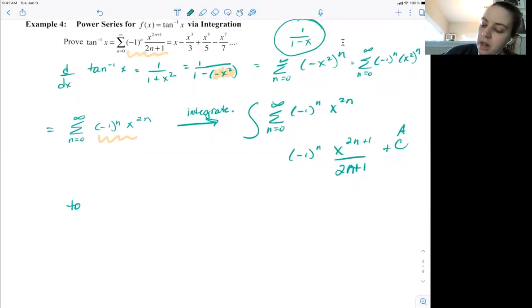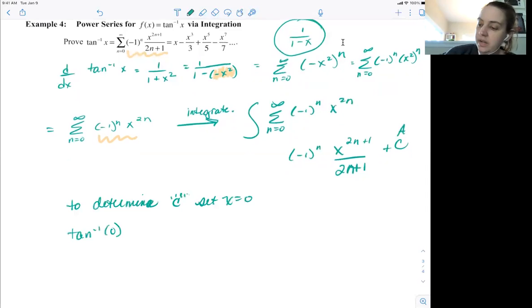To determine c, set x equal to 0. So the inverse tangent of 0 is equal to 0 plus c. What am I doing?